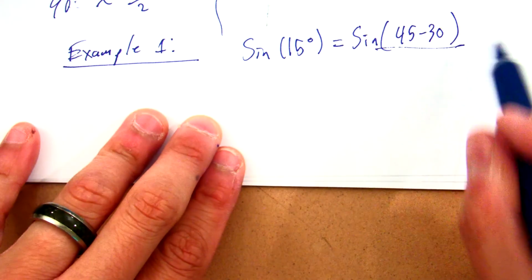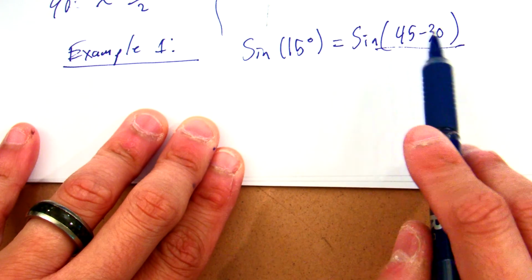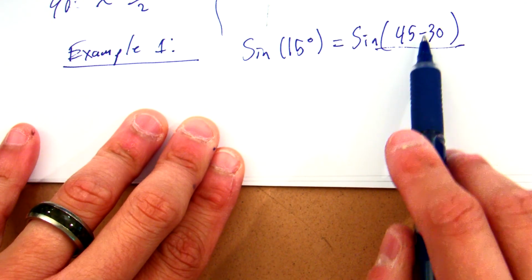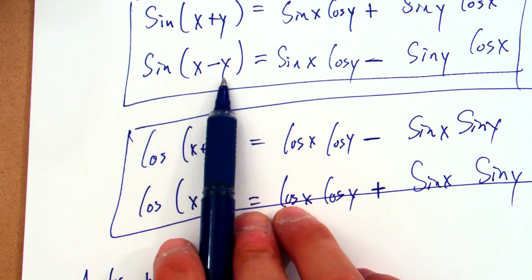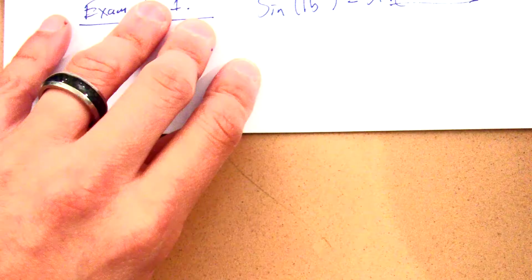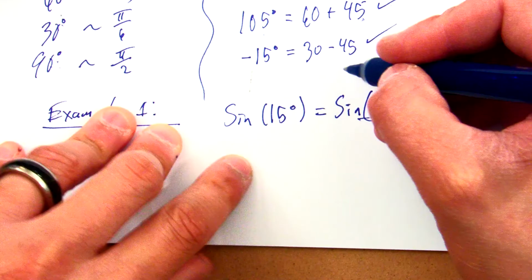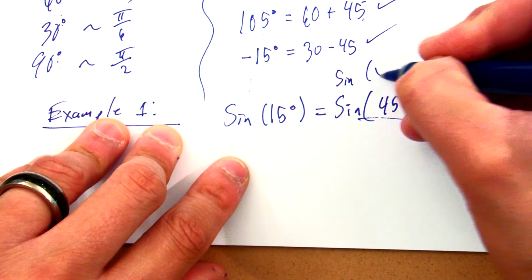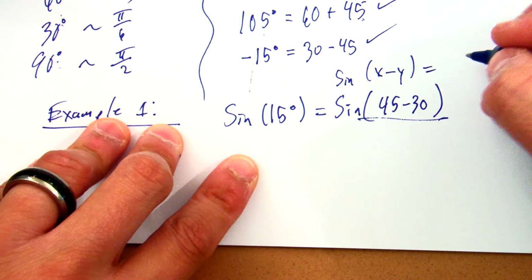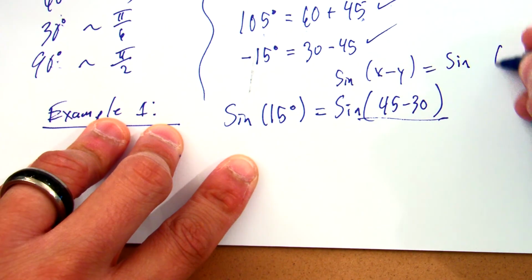Because now I can use the sine formula, and is this a sum or a difference? Difference. So we go here and we say, oh look, I got this guy here, right? So first thing I'm going to do is write the formula on top of it. So I know that the sine of x minus y is what? It's sine, cosine.